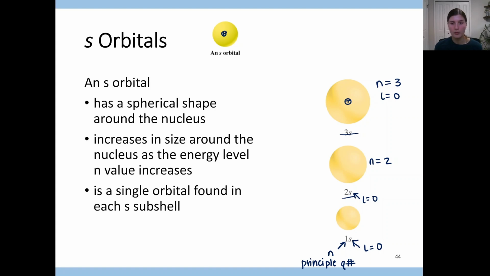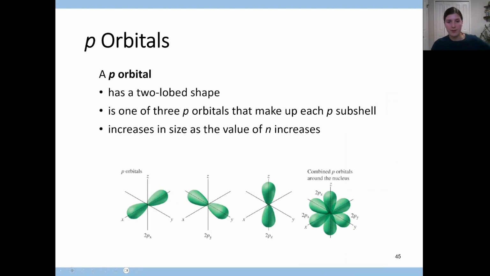And again, for s orbitals, there's only one orbital at each principal quantum number. And that's different when we're talking about p orbitals. So p orbitals have a 2-lobe shape. These 3 diagrams here show the 3 p orbitals. So we said 2 slides back that there are 3 orbitals within a p subshell. So a p orbital is one of the 3 lobes that make up a p subshell.